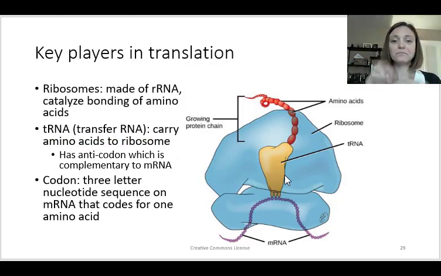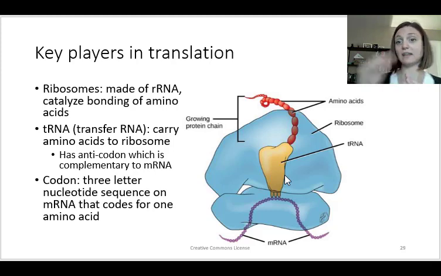The DNA sequence is going to be read in sets of threes. Those three letters, that triplet code, that three-letter sequence, we call a codon. So every three letters of the sequence in DNA, which then gets transcribed into RNA, is going to code for the information for one amino acid. So every three DNA and RNA bases codes for one amino acid.